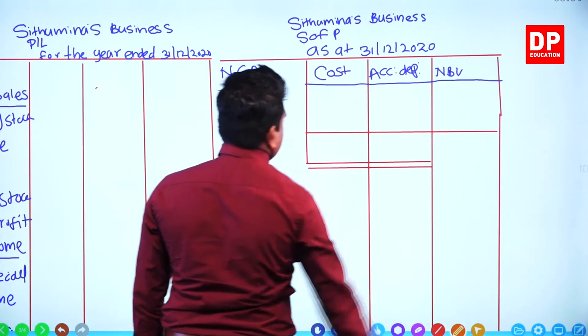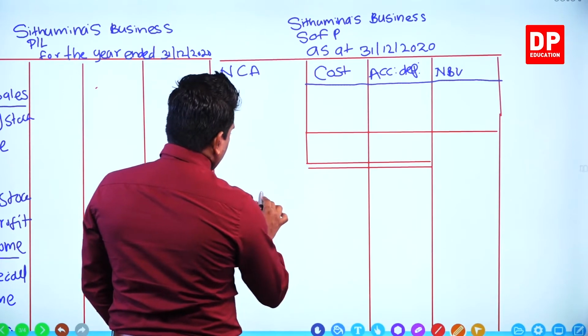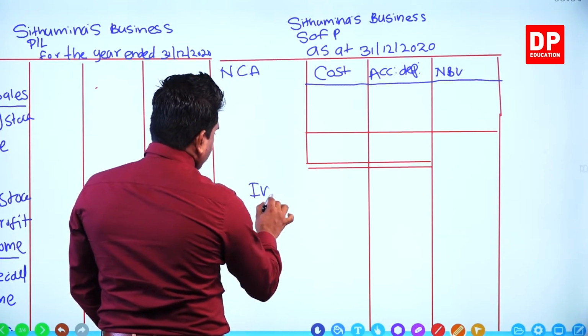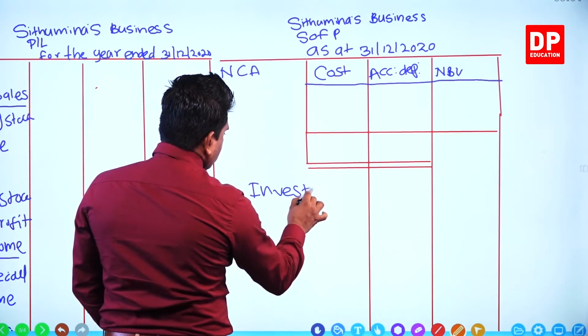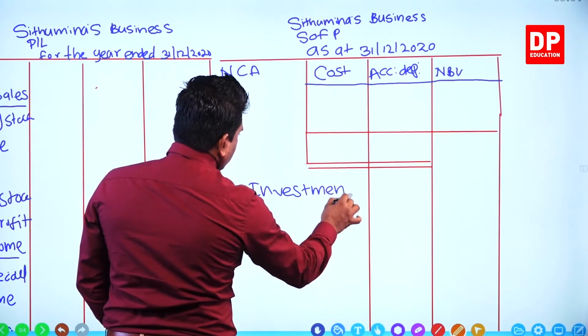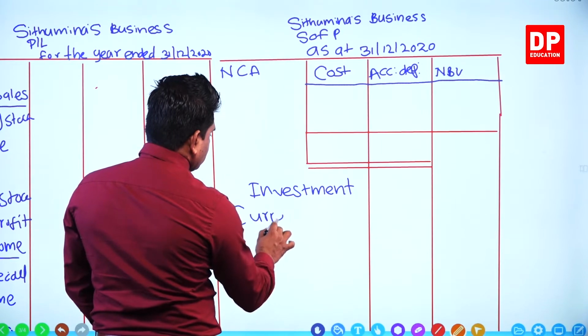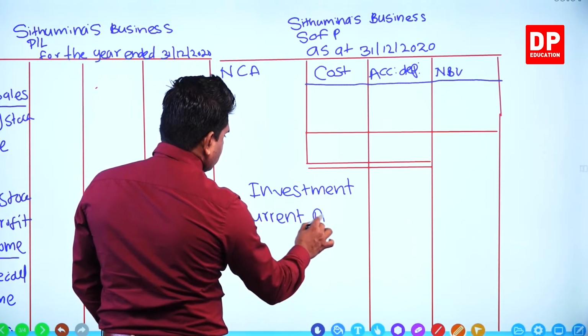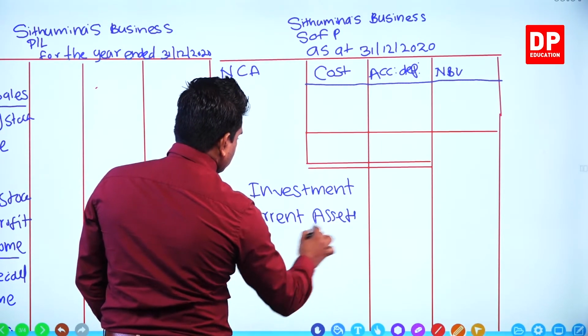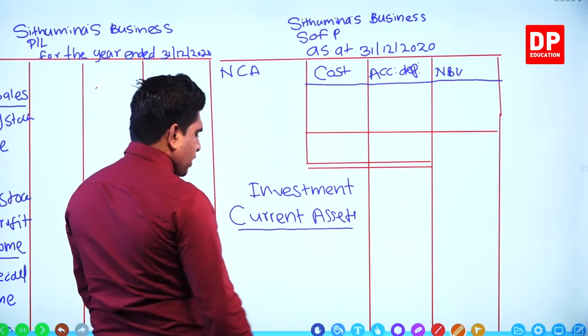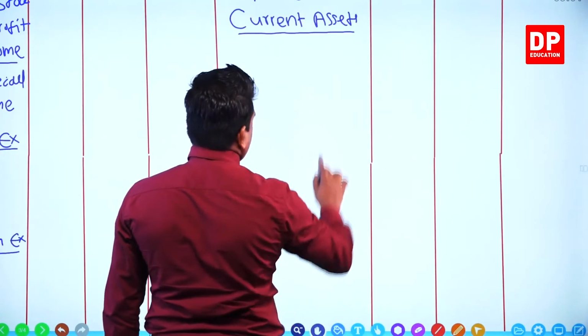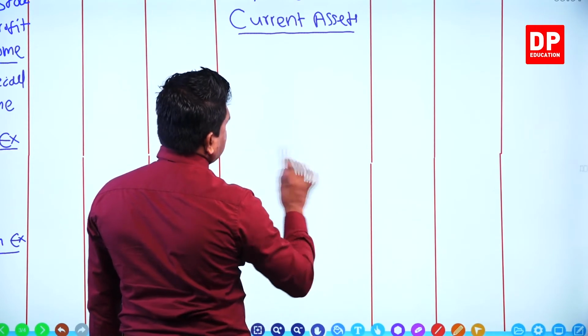After that, here we can write investment. You remember, we met it before. Then current assets. Then you give space. After that, the asset side finishes.